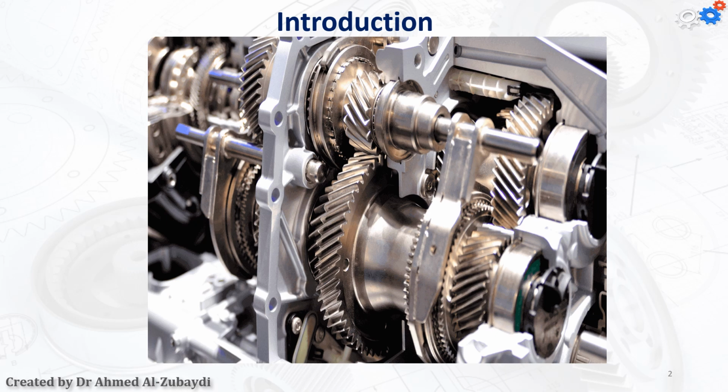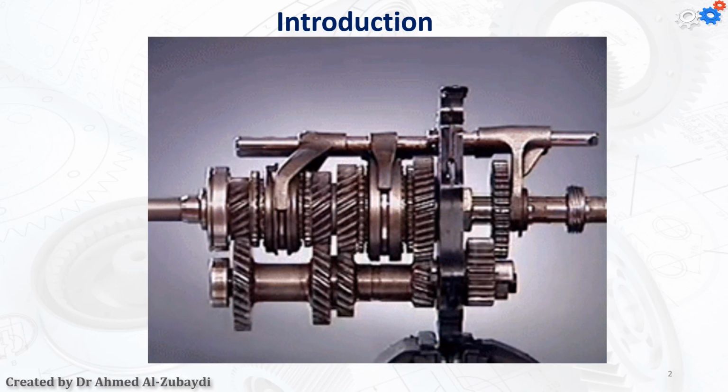Gears usually come in gearboxes, as you can see in this image, and gearboxes in general are mechanical systems that use gears to modify the torque and the speed between the power source, for example an engine or a motor, and the driven equipment.